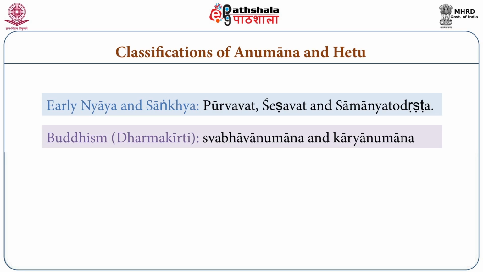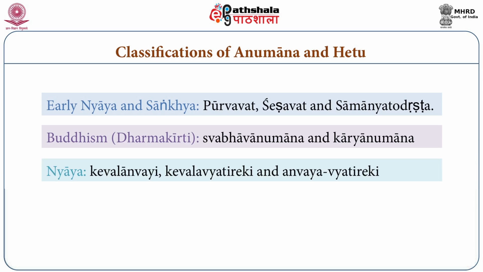Dharmakirti, in his theory of inference, gives us classification of inference into Swabhavanumana and Karyanumana. Then Nayayikas, after Udyotakara, give the classification of inference into Kevalanvayi, that is purely positive, Kevala Vyatireki, purely negative, and Anvaya Vyatireki, that is positive negative.